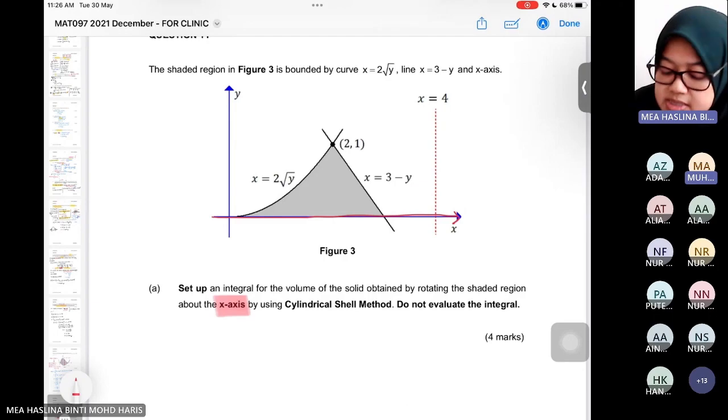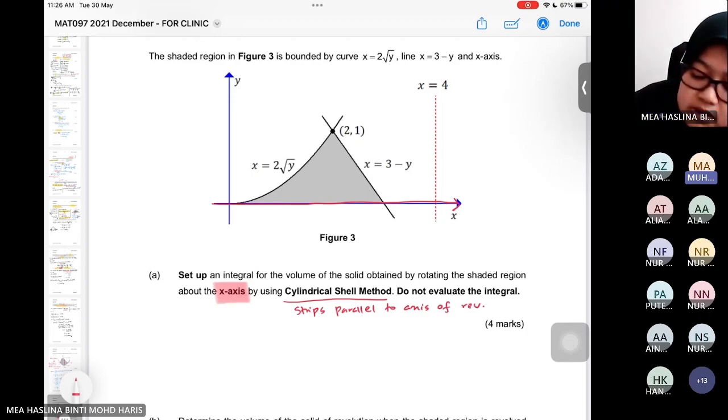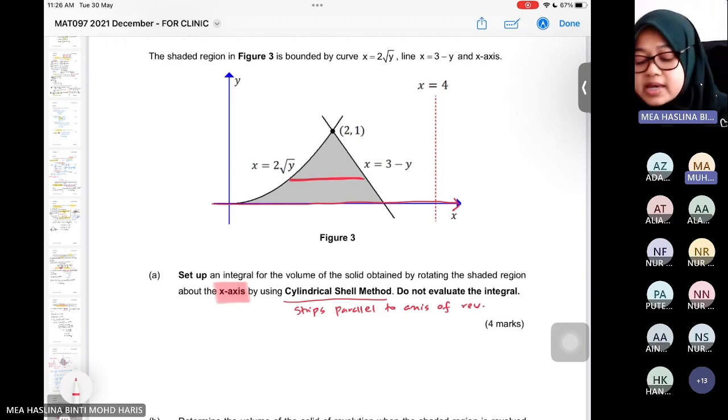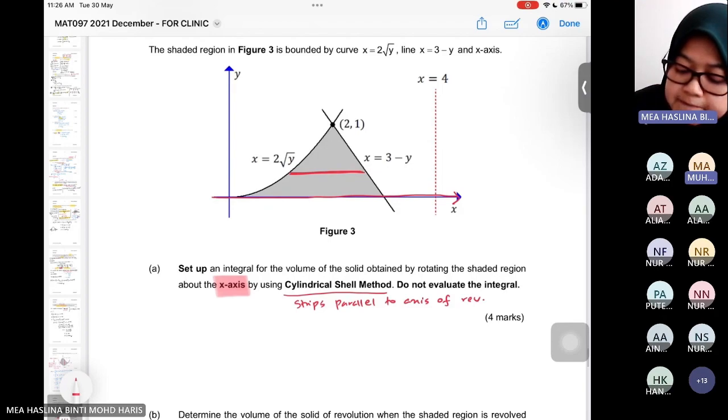And you want it to be the cylindrical shell method. So for the cylindrical shell method, the strip is parallel to the axis of revolution. So the strip will also be horizontal because the x-axis is horizontal. So first of all, as usual, you identify how many regions there are.